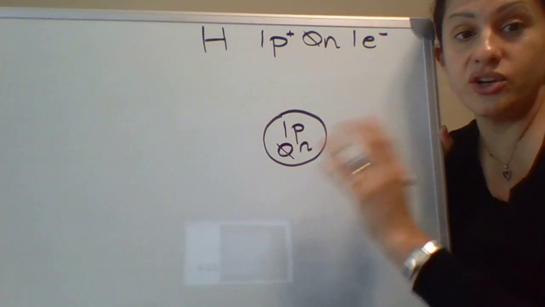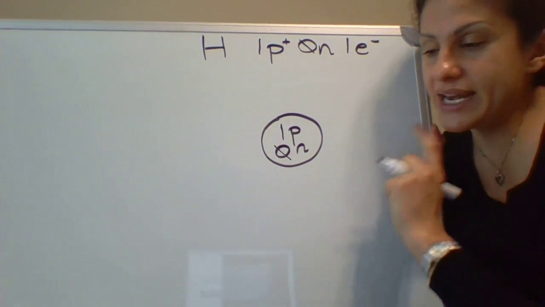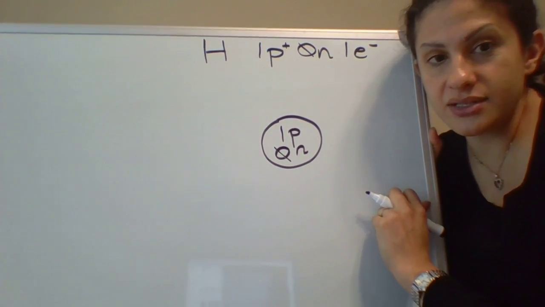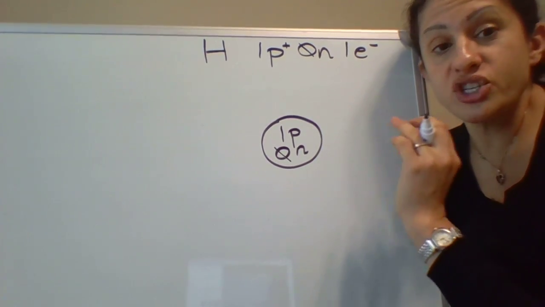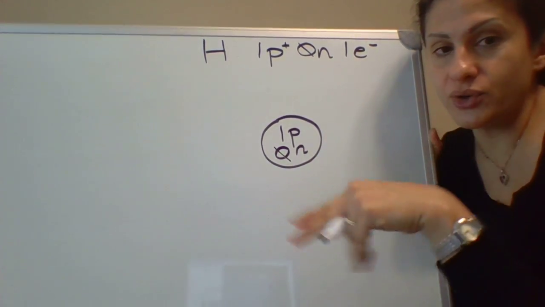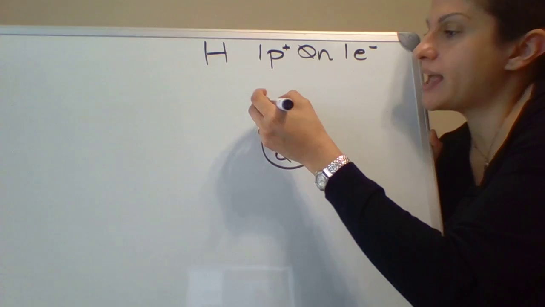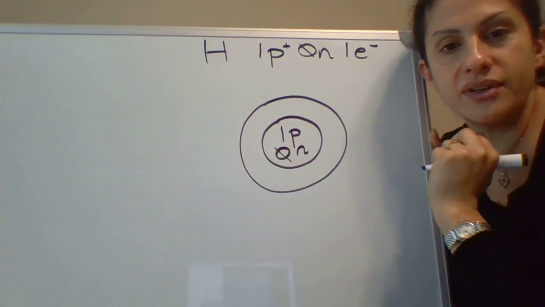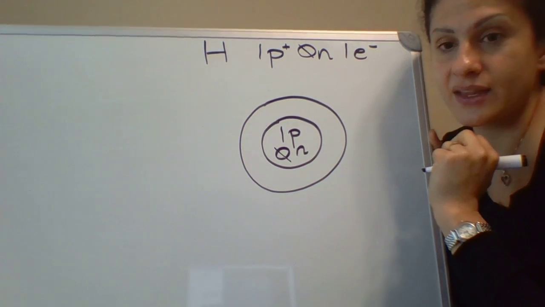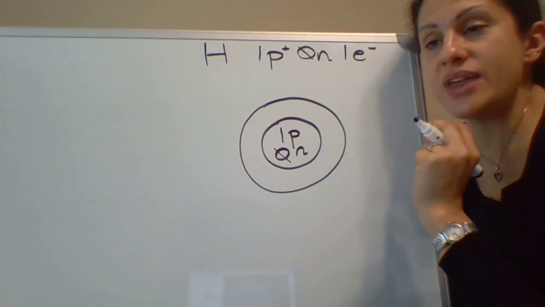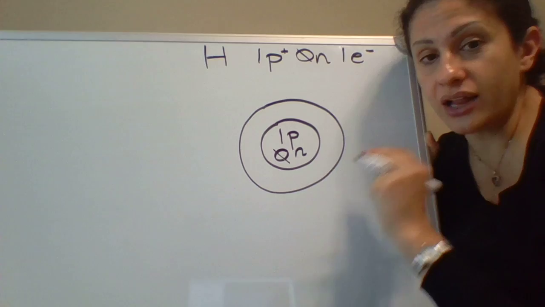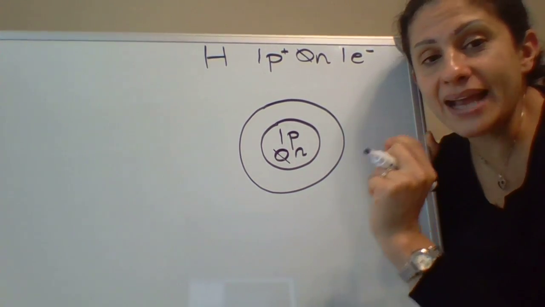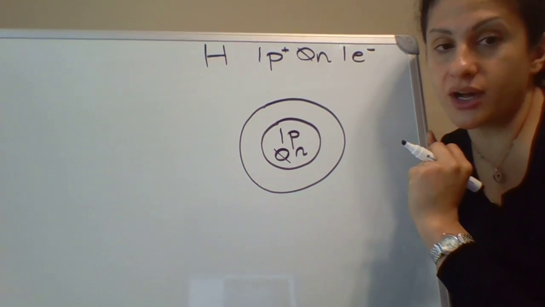So we've gotten the nucleus taken care of. We now have to talk about the electrons. I talked about shells that surround the nucleus of the atom, and we depict those as rings around the nucleus. I told you that the first shell can contain a maximum of 2 electrons.